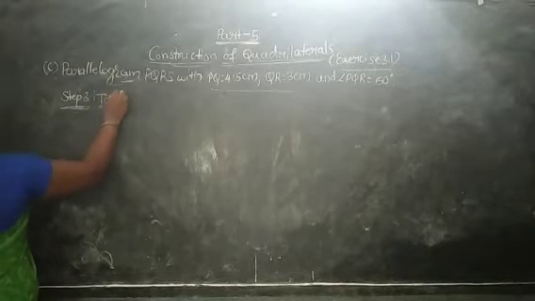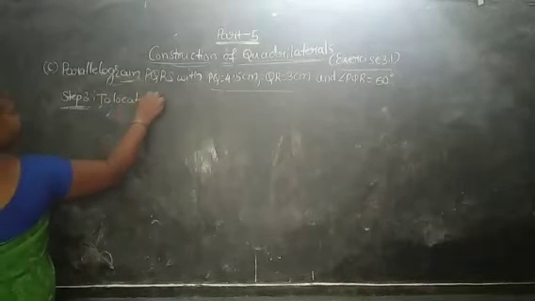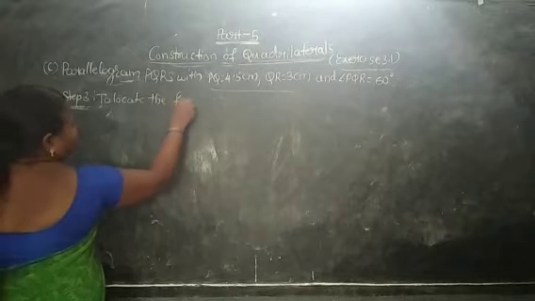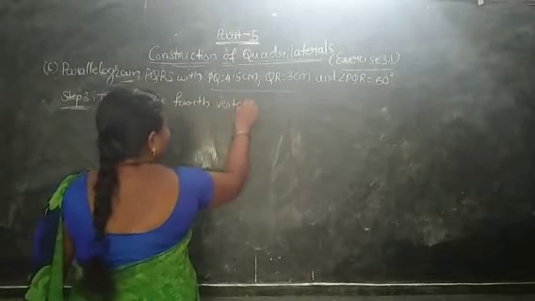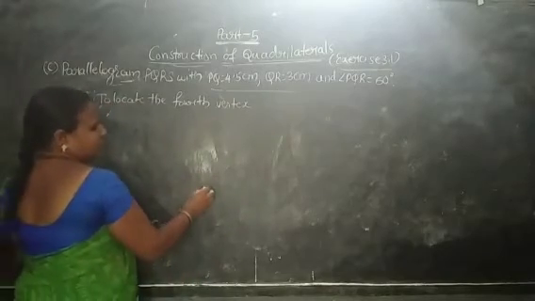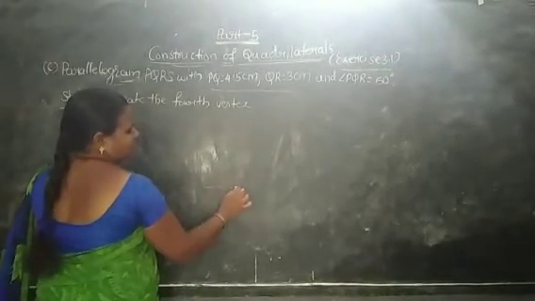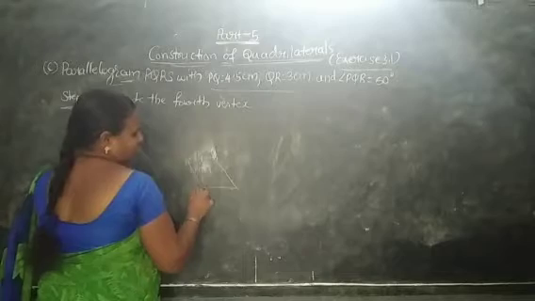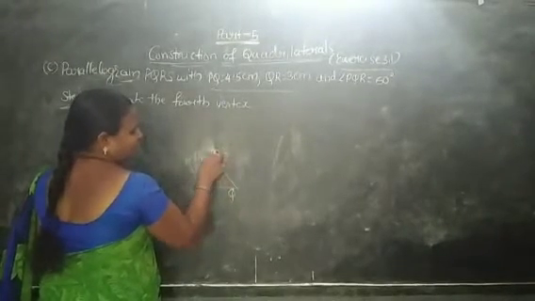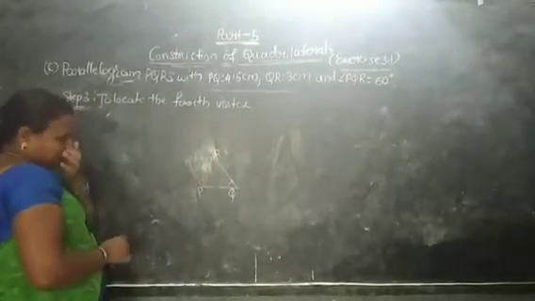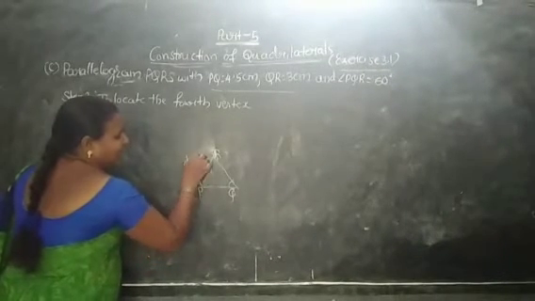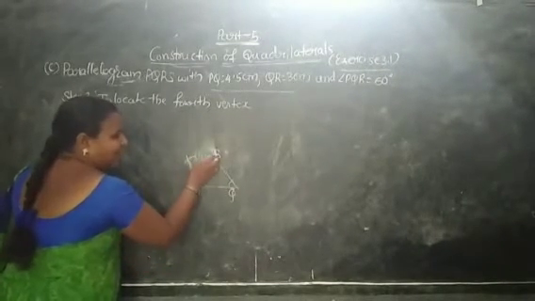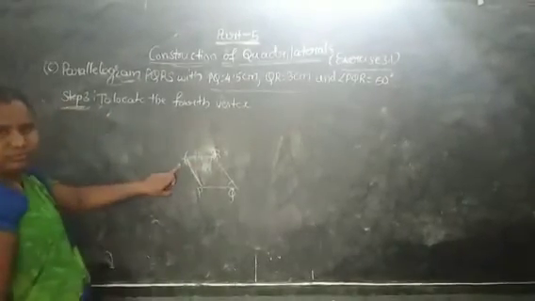To locate the fourth vertex. This is PQRS, and we have constructed a triangle PQR. To locate the fourth vertex, draw an arc from P and draw another arc from R.